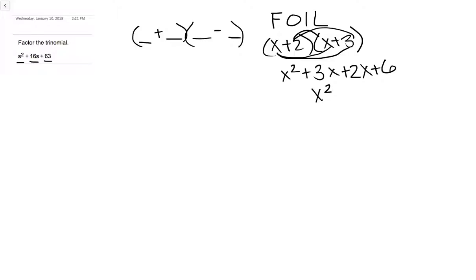So we would have x squared plus 5x plus 6. So for this problem, we're taking something that looks like this, and we're rewriting it into something that looks like this, into the two sets of binomials.